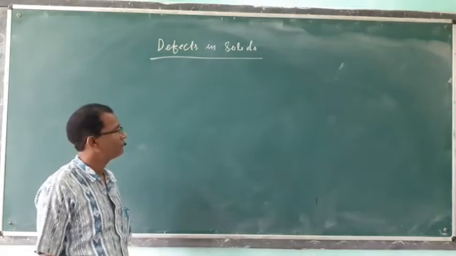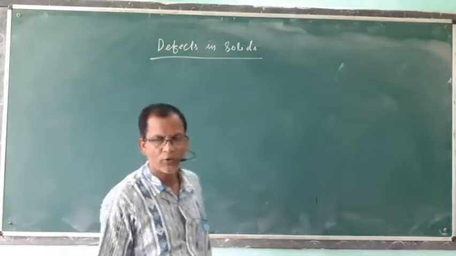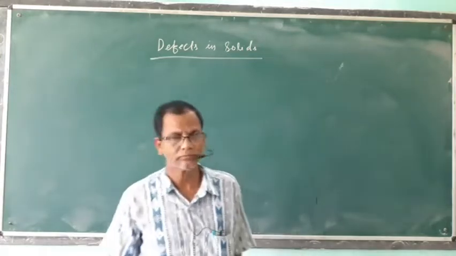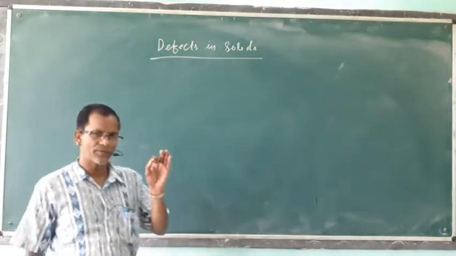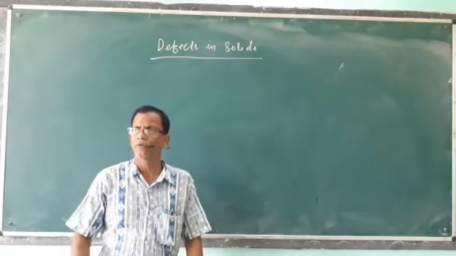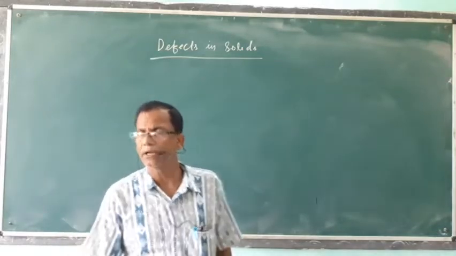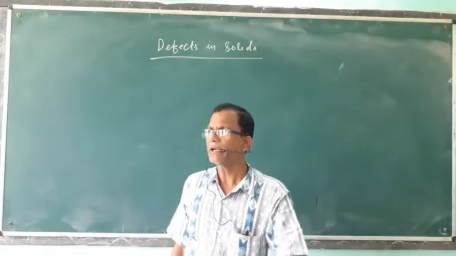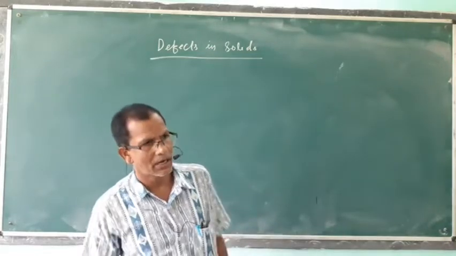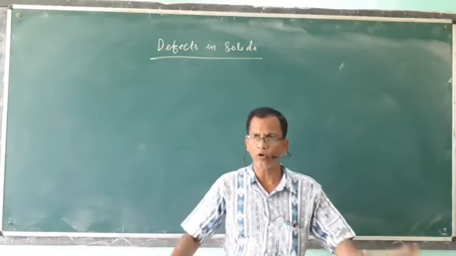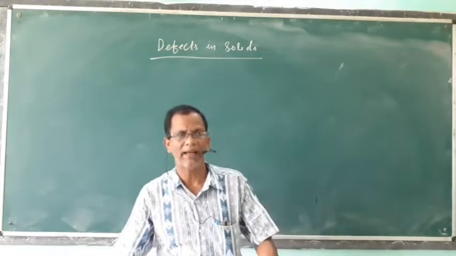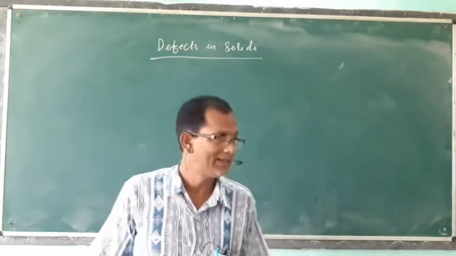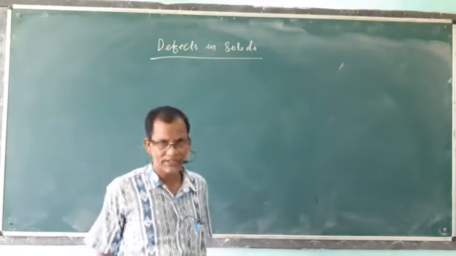Crystals are made of different types of unit cells. If the crystal is a perfect crystal, it means the arrangement of particles is in regular order, in a systematic manner. That is called a perfect crystal.